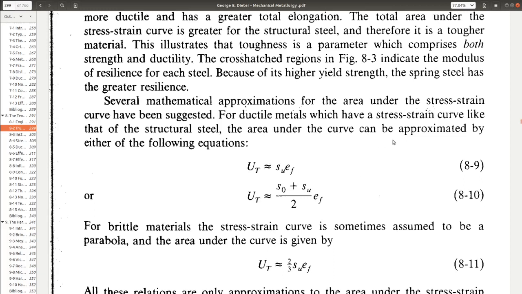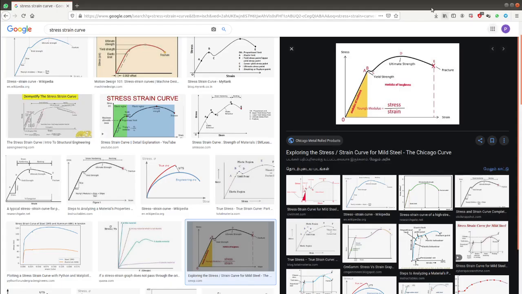One of the approximations is SU into EF. So what is SU and what is EF? SU is the ultimate strength, this distance, and EF is this distance. So SU into EF will provide a rectangle.